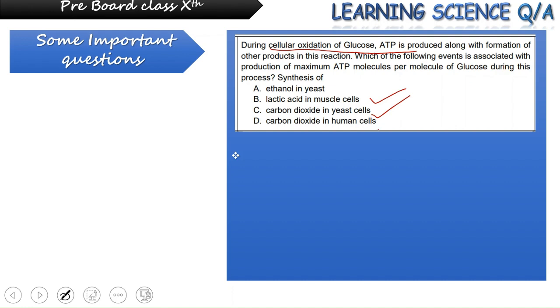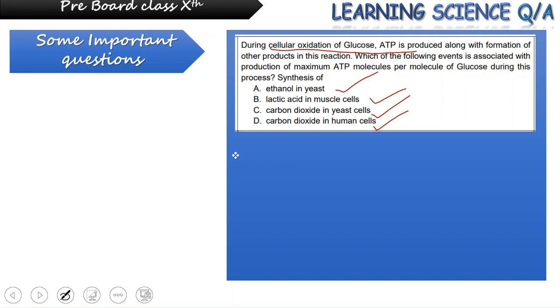Also, we have carbon dioxide formation in the human cell and ethanol in the yeast, which is popularly used in the brewing industry, where liquors are made. So these are 4 processes which are mentioned here. We need to find which one is producing the maximum amount of energy.